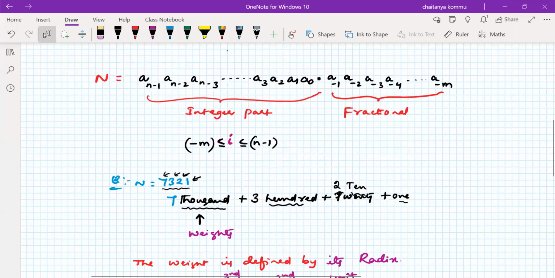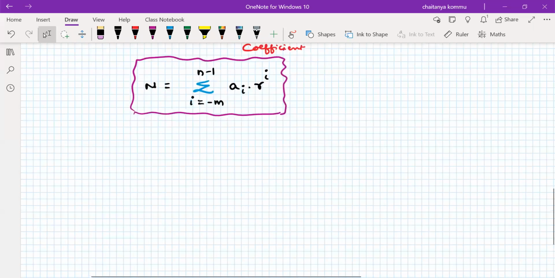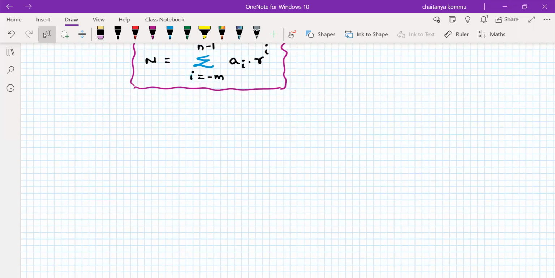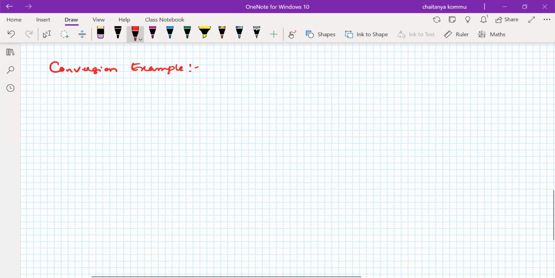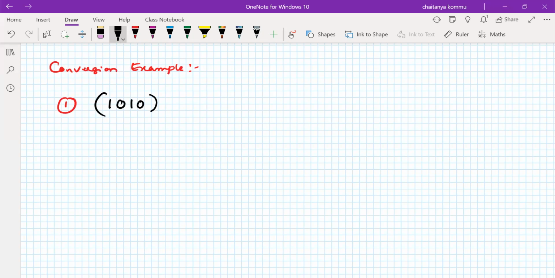With this background, I am going to convert numbers into the decimal number system. So for example, conversion example number 1: 1010 of base 2. It is a binary number system.